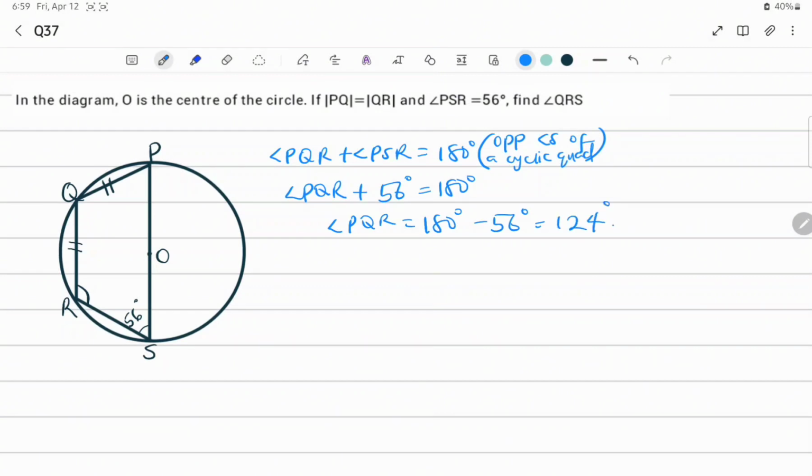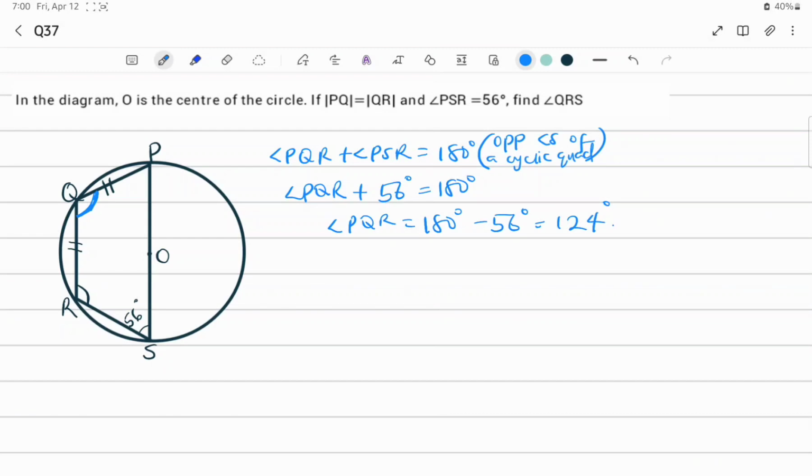Now that I know that PQR, the angle here, is 124 degrees. I was told in the question that PQ is equal to QR. That is, the chords PQ and QR are equal in size.